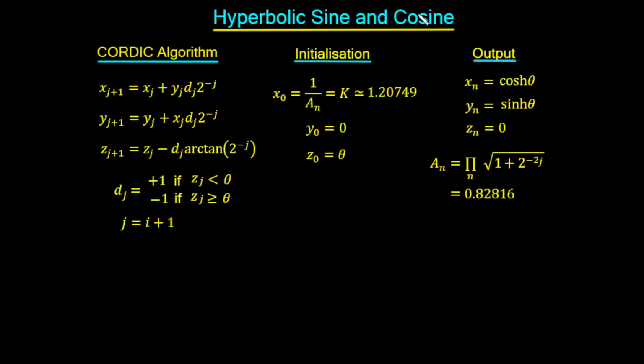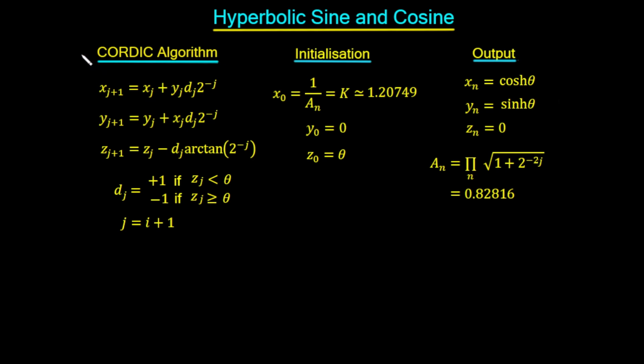If you'd like, you can go back to the previous video where we generated the sine and the cosine function, and have a look at that as a reminder. Now we're going through the same process, but we're doing it with the hyperbolic functions.